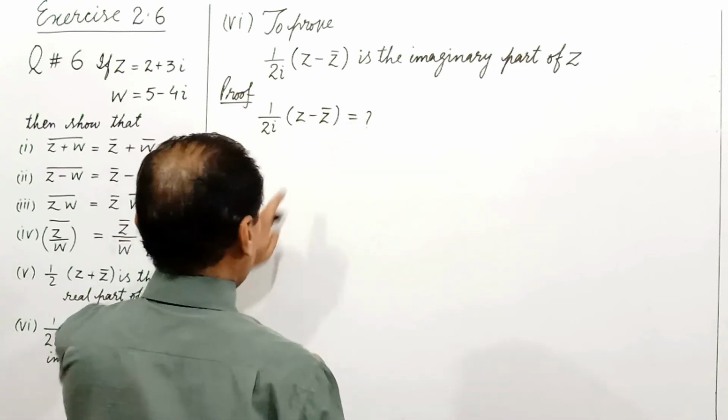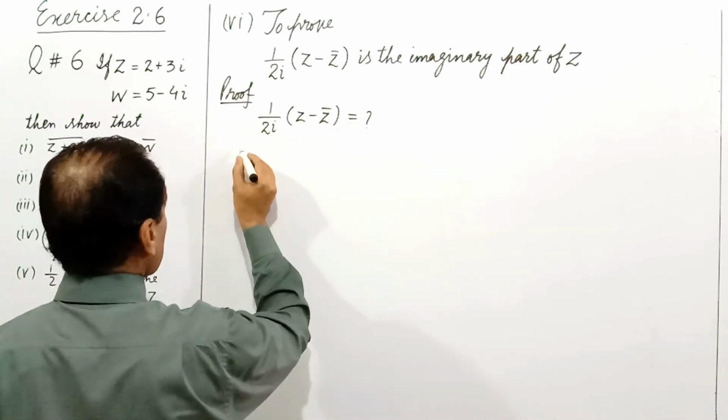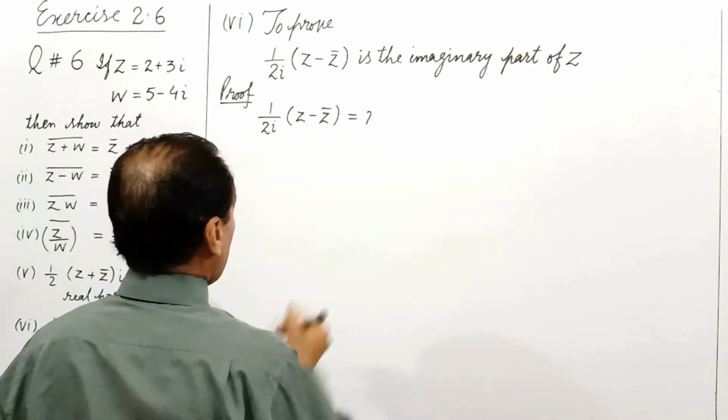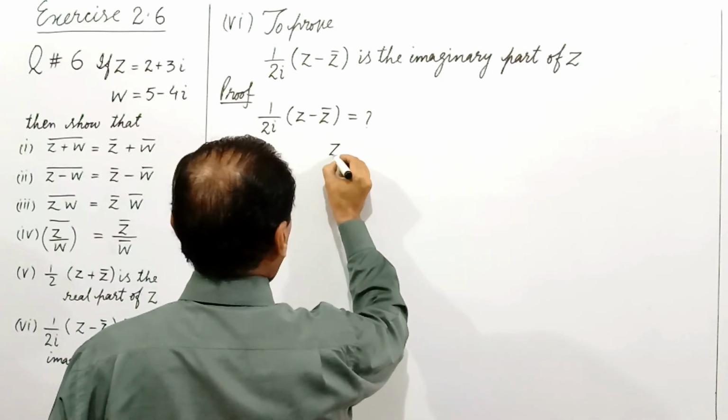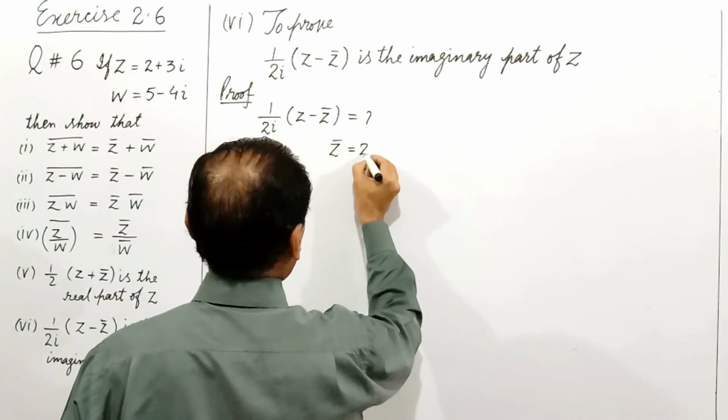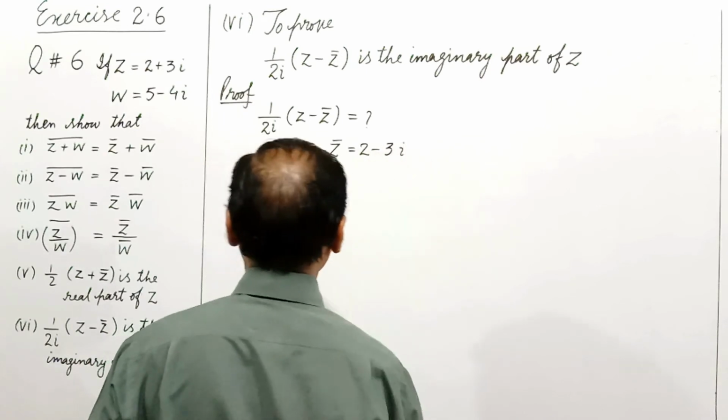And for this sake, we need conjugate of the given complex number Z. And that is Z bar is equal to 2 minus 3 iota.